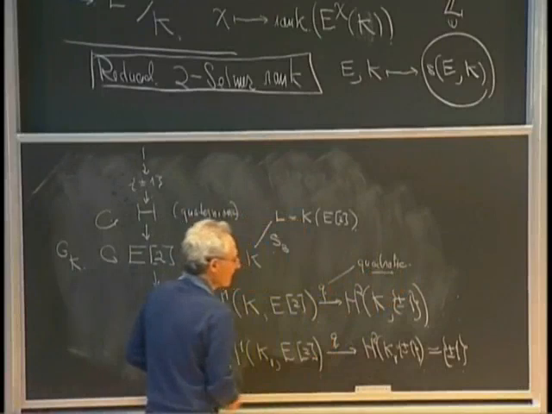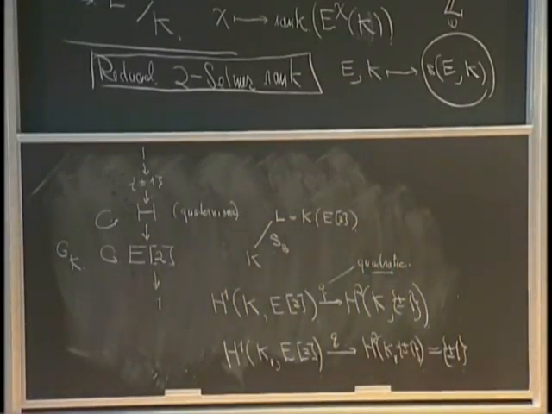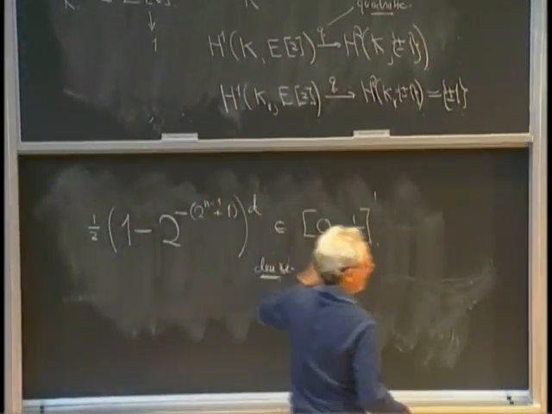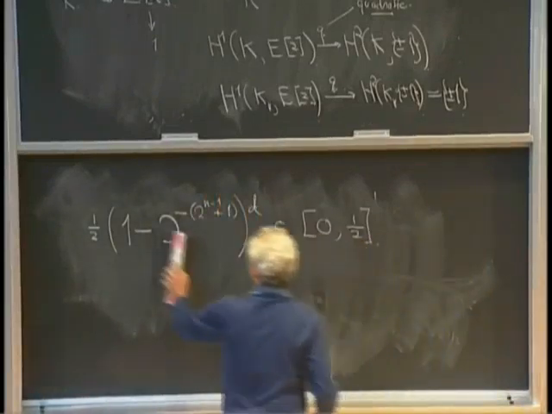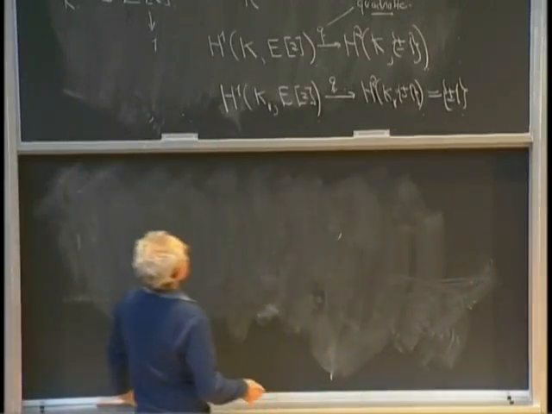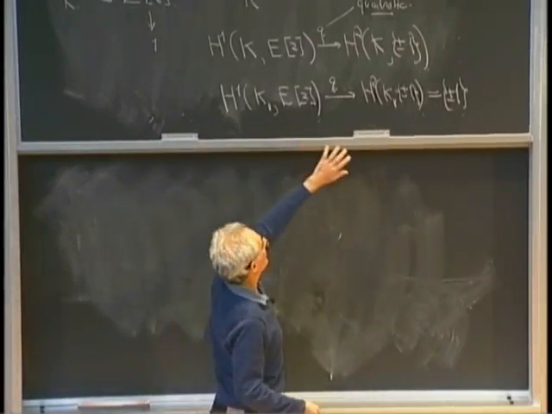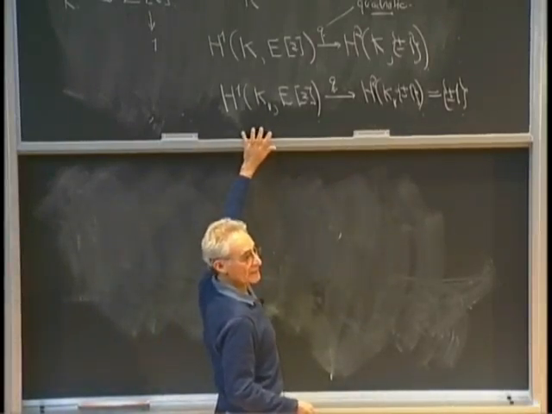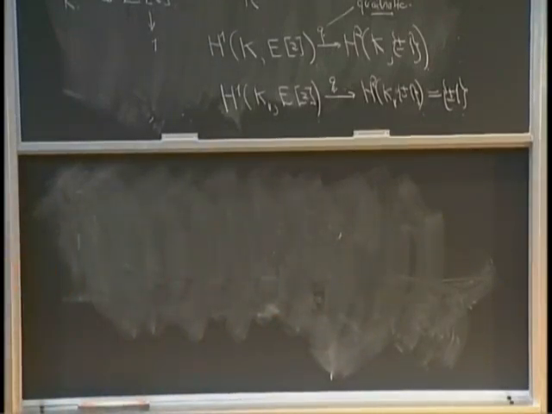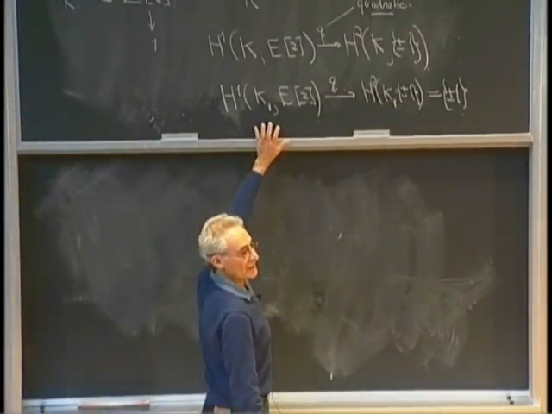And in fact, for every v, this quadratic function defines, if you don't mind my saying, because these are such small groups, a quadric in the projective space, the projectivization of that vector space, H1 of K_v, E[2], and it's non-degenerate. So we have a non-degenerate quadric in here.